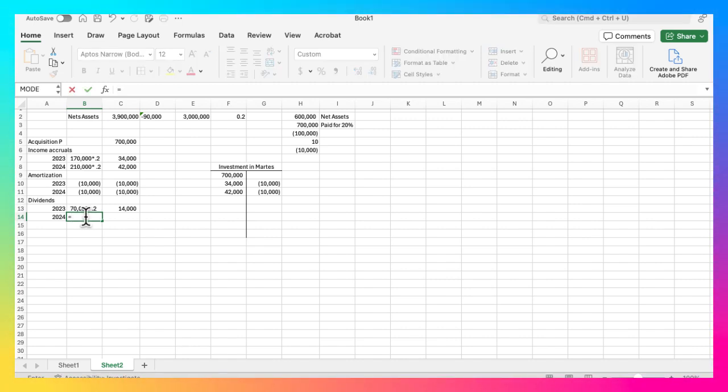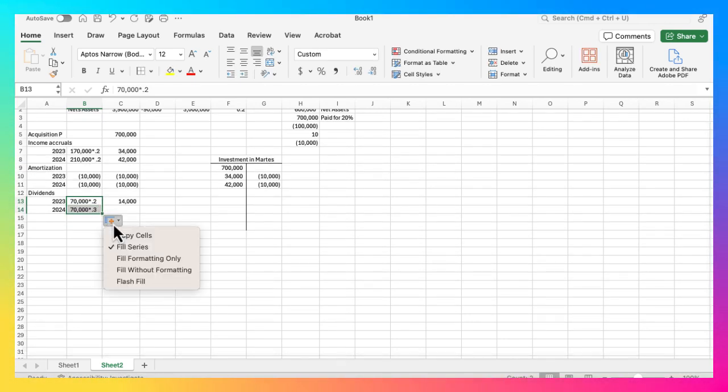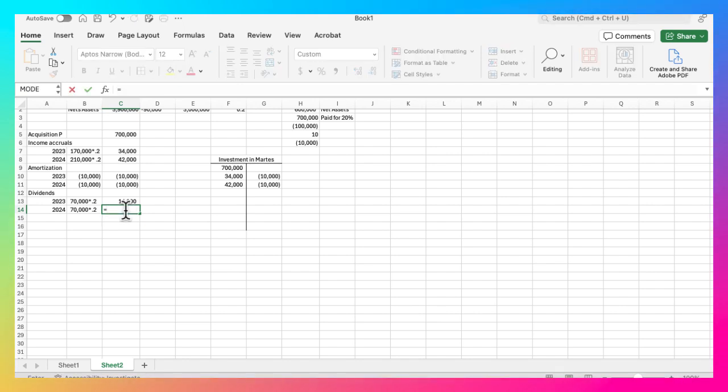So remember, dividends, bear with me here, I'm just doing this for continuity purposes. Now remember, dividends decrease the investment in the company, right? So we're the investor.